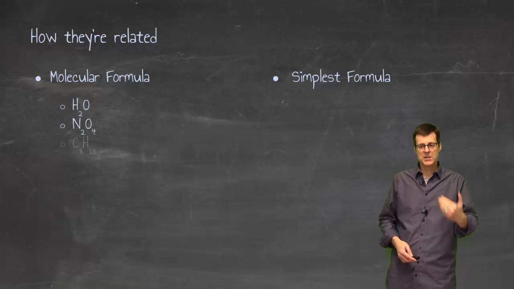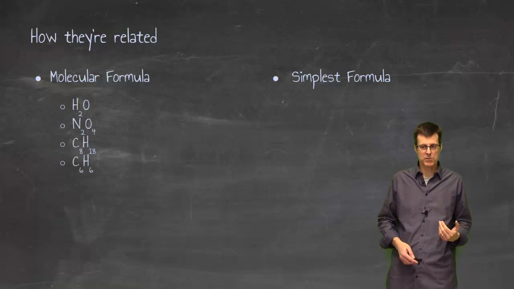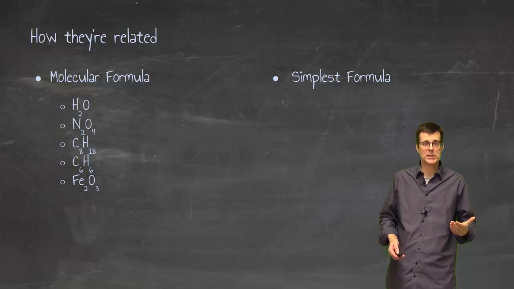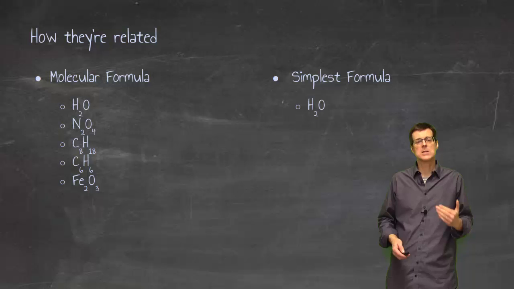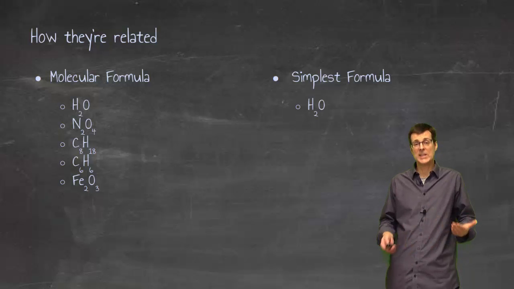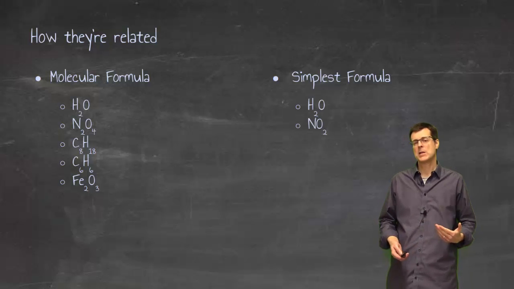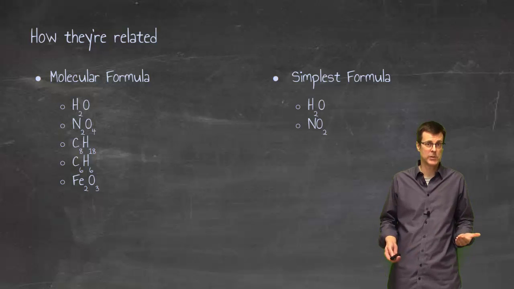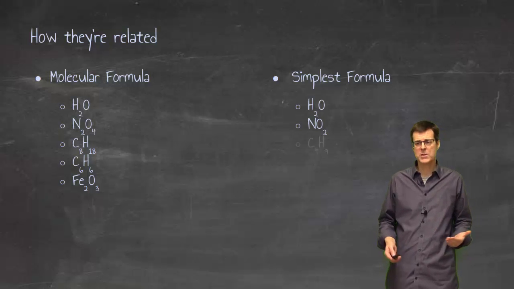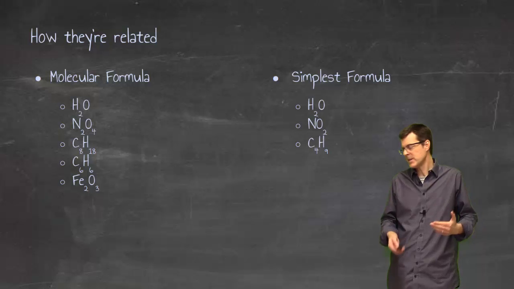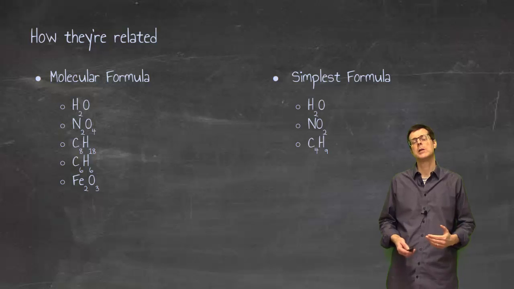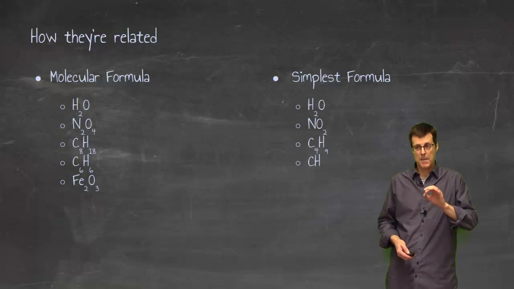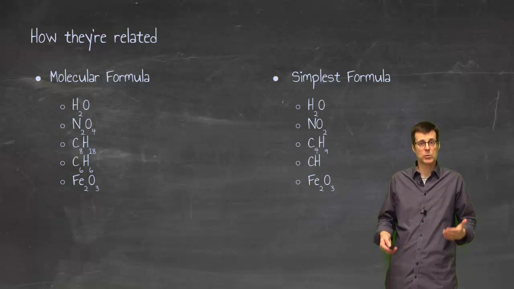If I take a list of some molecular formulas that actually exist, these are compounds that are real. In some cases, the simplest formula, the lowest ratio, is the same thing. In some cases, the lowest ratio is different. It's reduced. What's kind of worthwhile to know, but we're not really going to make use of it, is that for some of these things, the simplest formula could exist as its own thing.